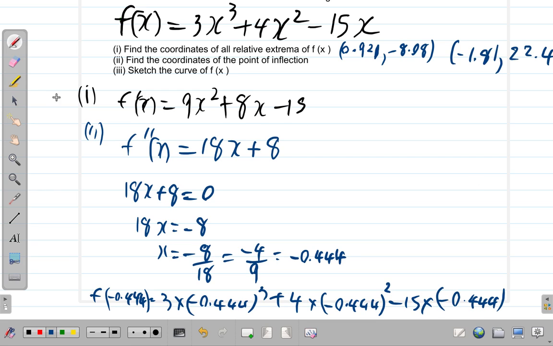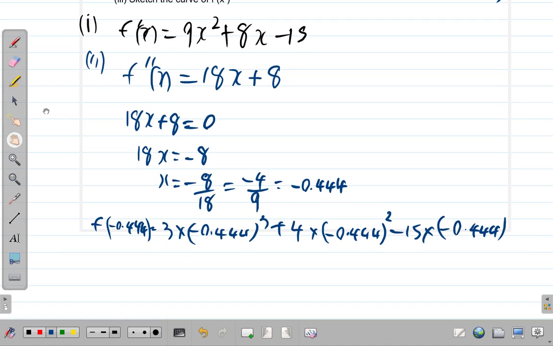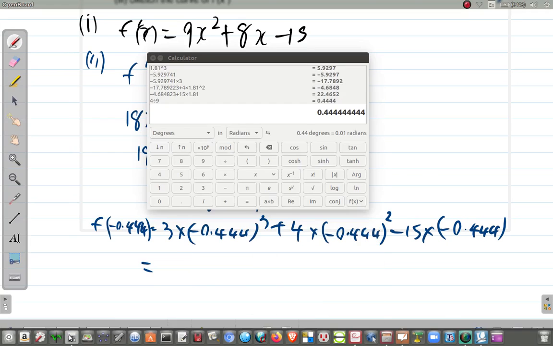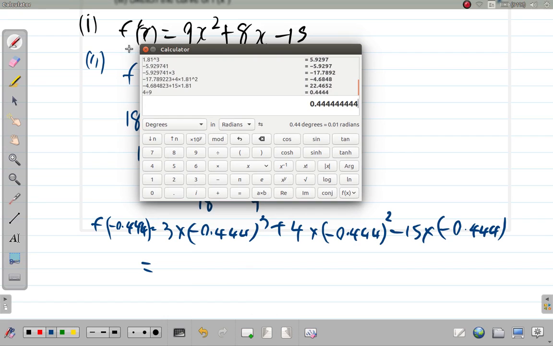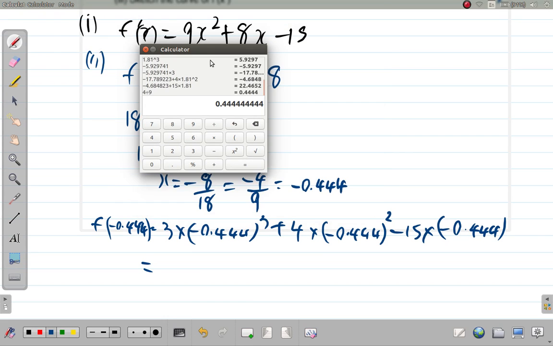So let's continue here. Let's use our calculator now. Let's go in basic mode and just use that. So we have 0.444 cubed. That means we have it 3 times itself. In basic mode I don't have the raised to the power of, only the x squared. So I just do this.